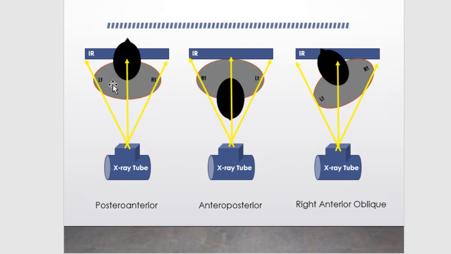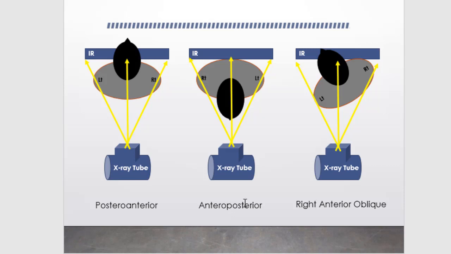Consider a supero-inferior view, meaning you are looking at the patient from the top of the head. This will be the right side of the patient and this will be the left side. This is the cassette, this is the X-ray tube. So the X-ray will enter the patient at the posterior aspect and exit the patient at the anterior aspect here. This is known as posterior-anterior projection, also known as PA projection.